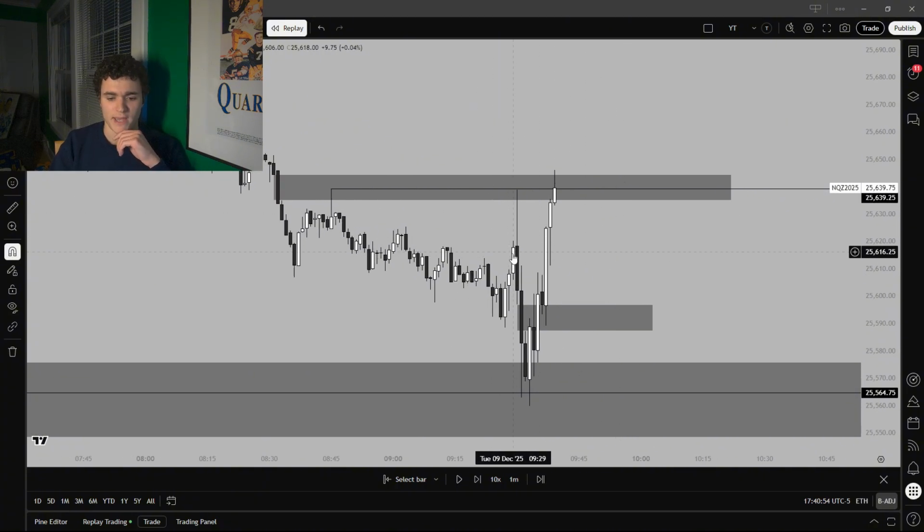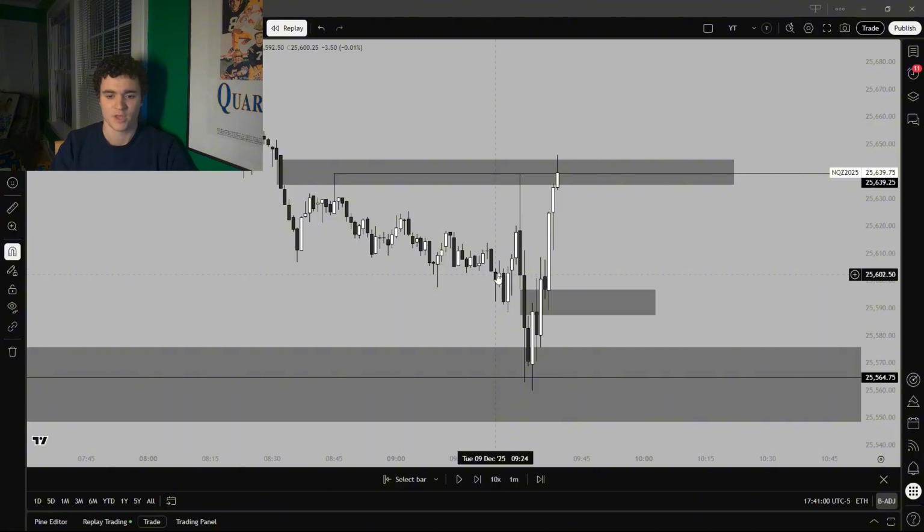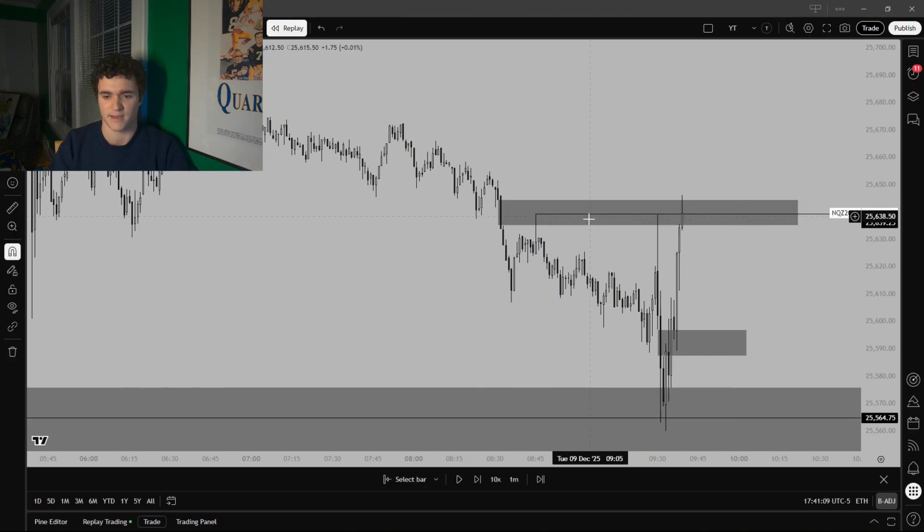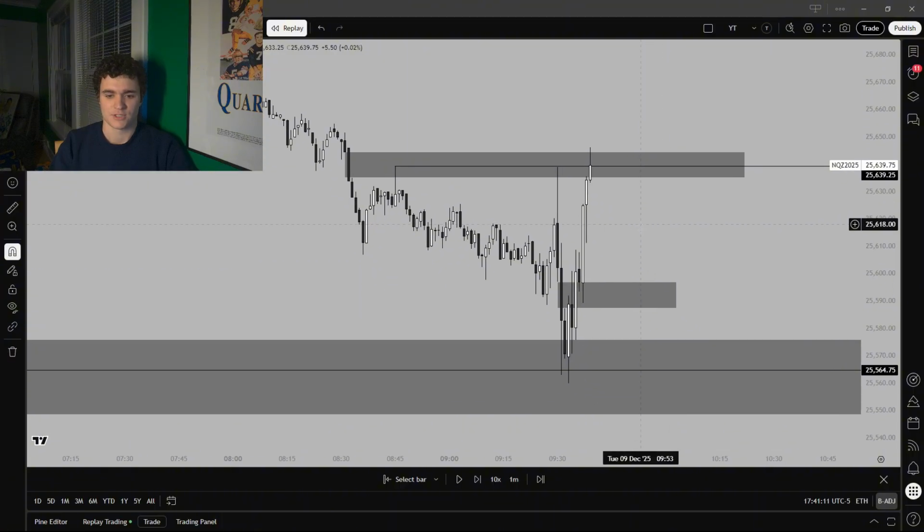So you need to wait until the setup gives you a good time to enter, which is when the draw on liquidity is no longer contested. At this point, we have taken previous day low, which means there's no good reason anymore for us to continue to sell down, at least before we take this very strong draw. So you need to make sure that you take liquidity in one direction and then target opposing in the other, okay? That's why you need to understand the discretion behind the system.